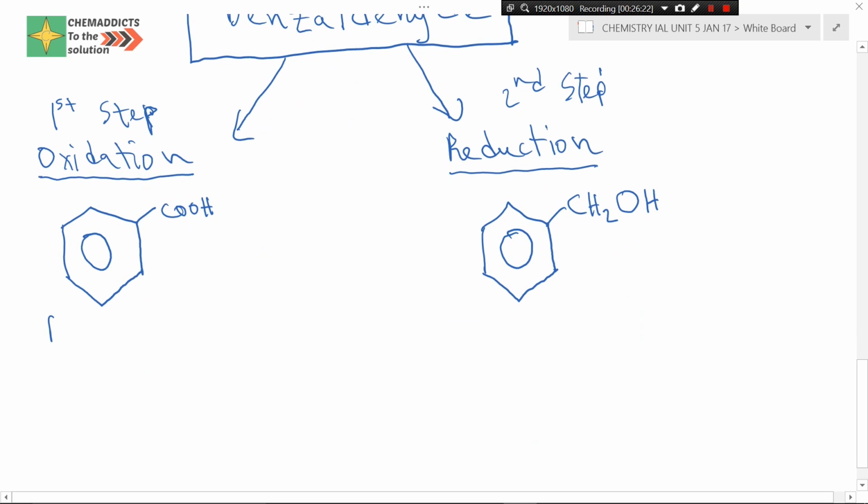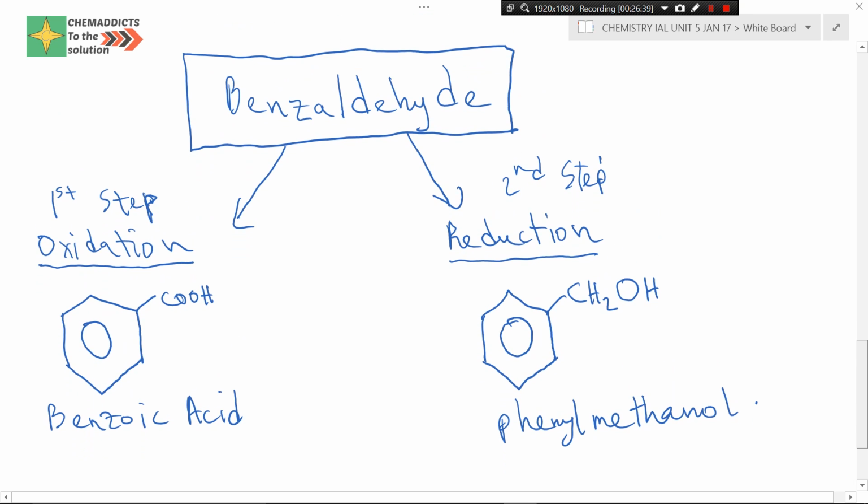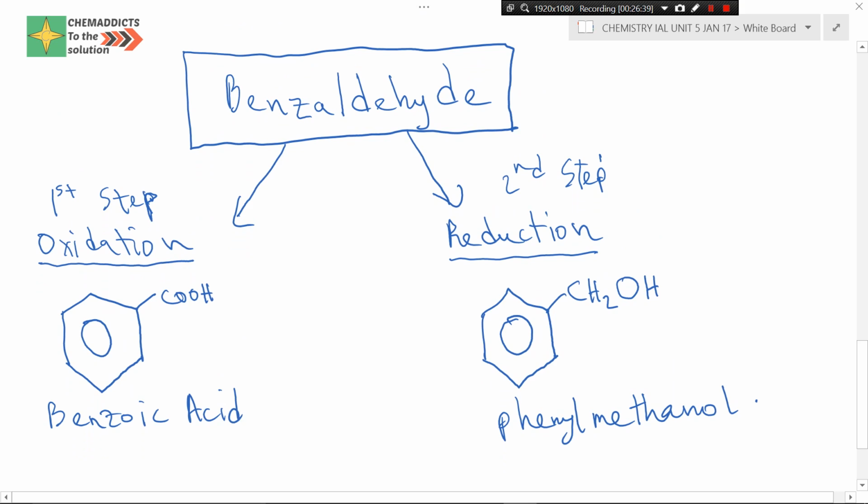This is benzoic acid and this is phenyl methanol. So benzaldehyde in the first step is oxidized to benzoic acid, and in the second step benzaldehyde is reduced to phenyl methanol.